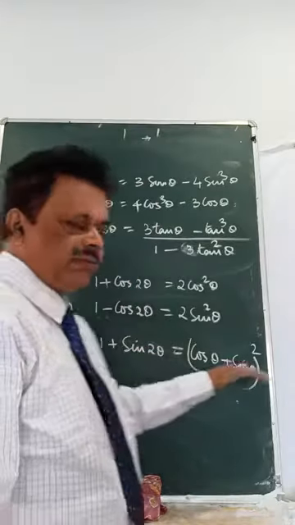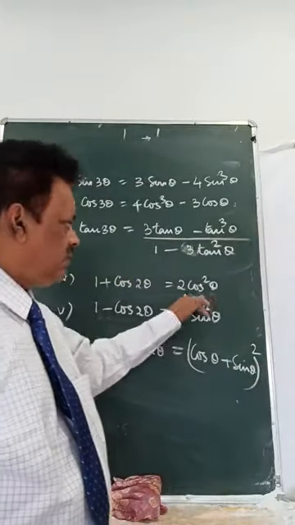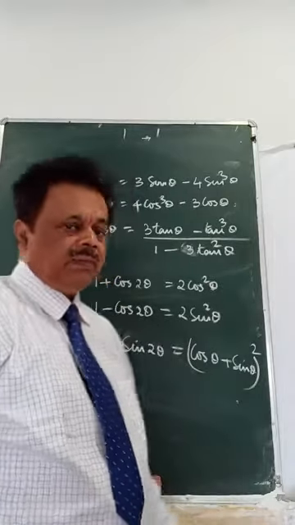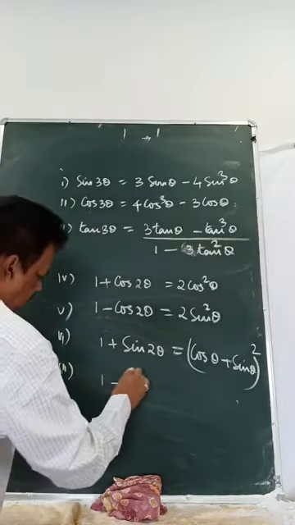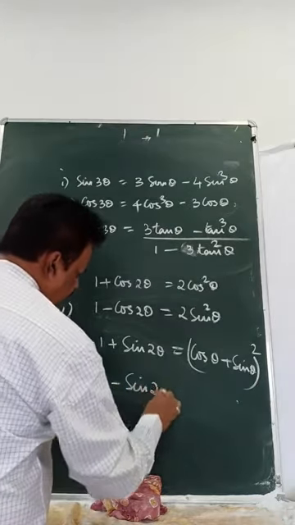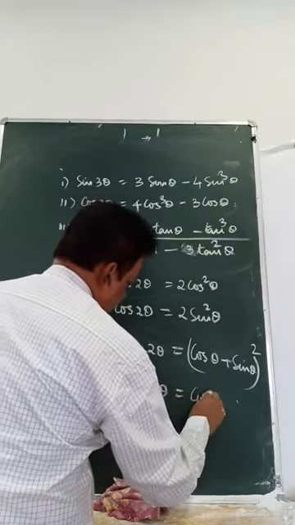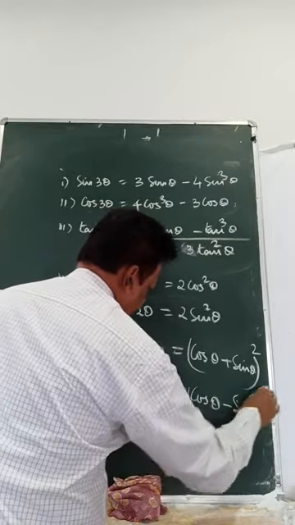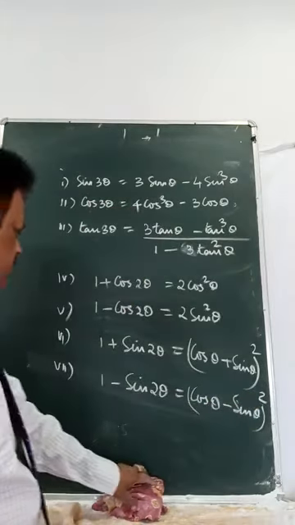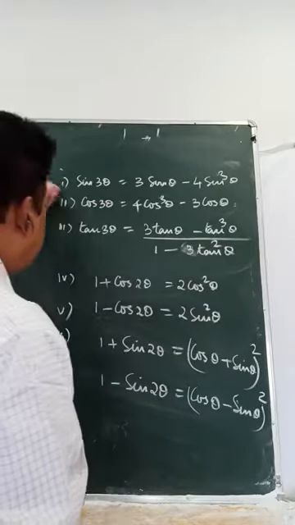These are the basic formulas you use in differentiation and integration. Better to remember everything. Then 1 minus sin 2 theta is cos theta minus sin theta whole square.